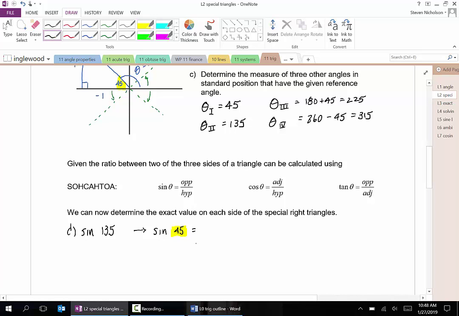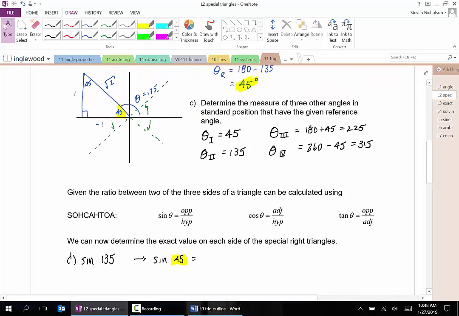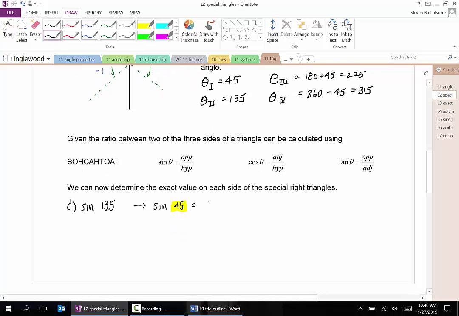And if we went ahead and did that, well, the sine ratio is opposite to hypotenuse. So it is positive 1 over the square root of 2. And usually we don't want to have a radical in the denominator.